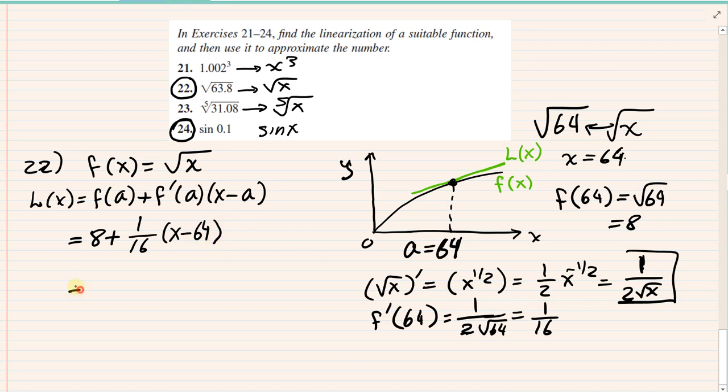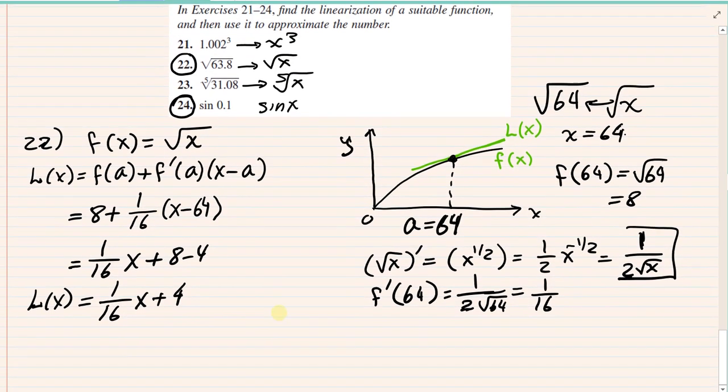Now distribute 1/16 to the binomial. I get 1/16 x. 1/16 times 64 is 4, so it's plus 8 minus 4, and the final answer is 1/16 x plus 4. So that will be the equation of that line, the linearization of x. The green line has that.